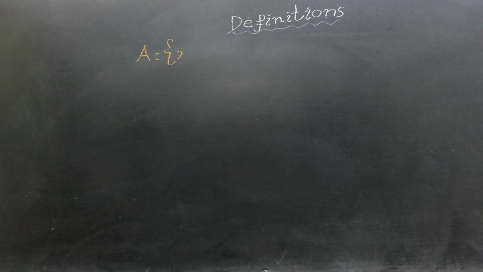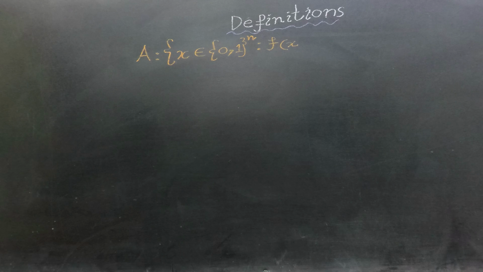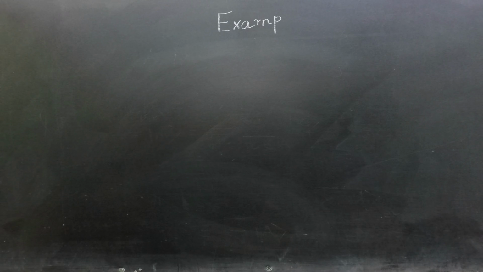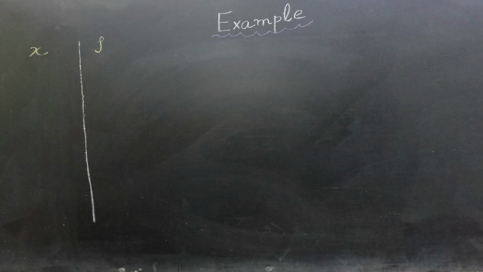In order to fully comprehend the algorithm, we must define the terminologies being used. Do not worry, these definitions will be made clear through an example. Let's define a set A which contains all inputs yielding a true output. Here is the example we will be using to clarify our definitions.